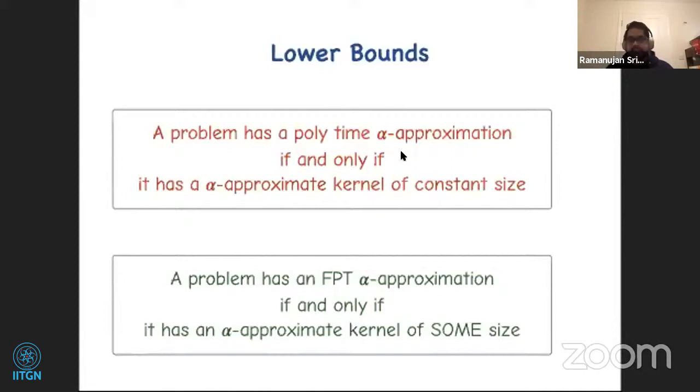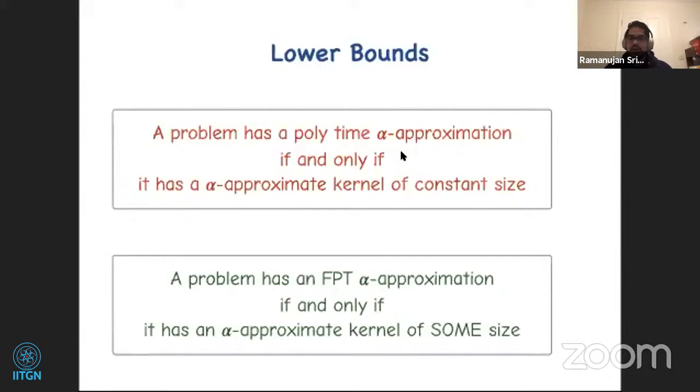Ruling out an alpha approximate kernel of constant size is not terribly interesting, but in principle, you can make such a claim based on non-approximability in the classical sense.